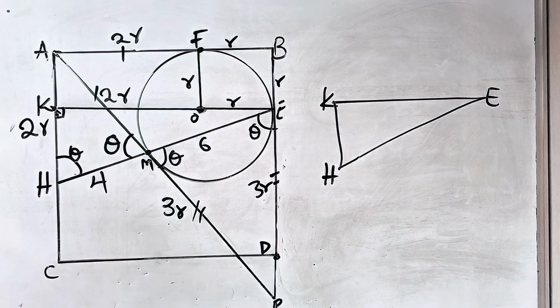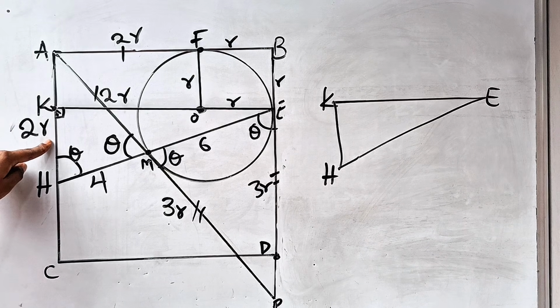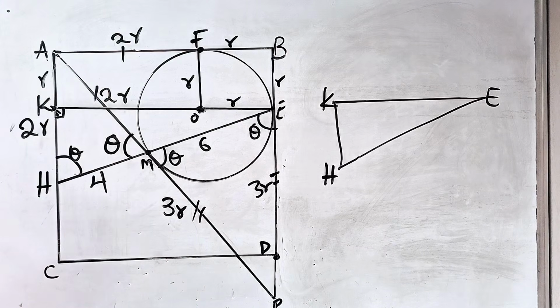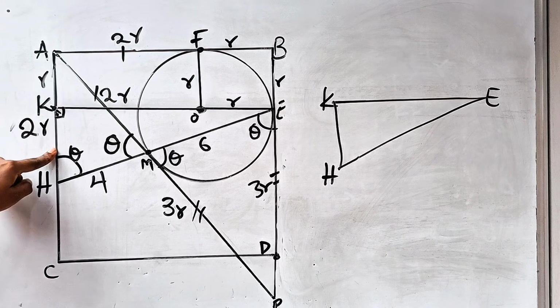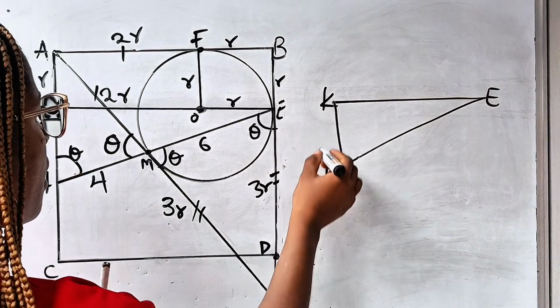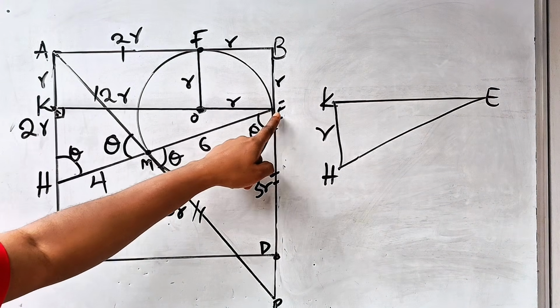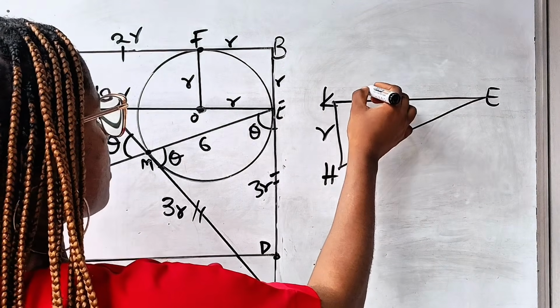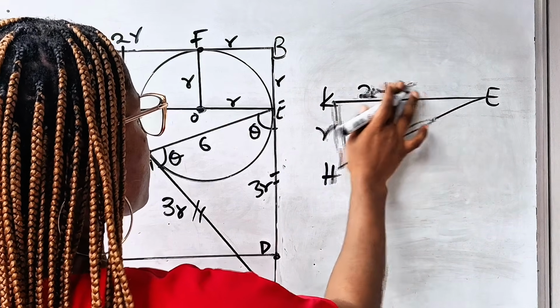And KH is going to give us, remember that from A to H is 2R, all right? And AK is R. So it means that KH is 2R minus R, which is R, right? So here is R. This length from here to here is the same thing as 2R plus R. So that is 2R plus R, which is 3R.